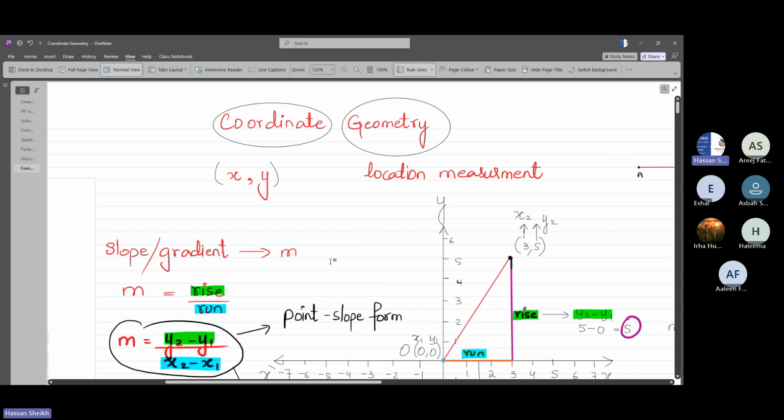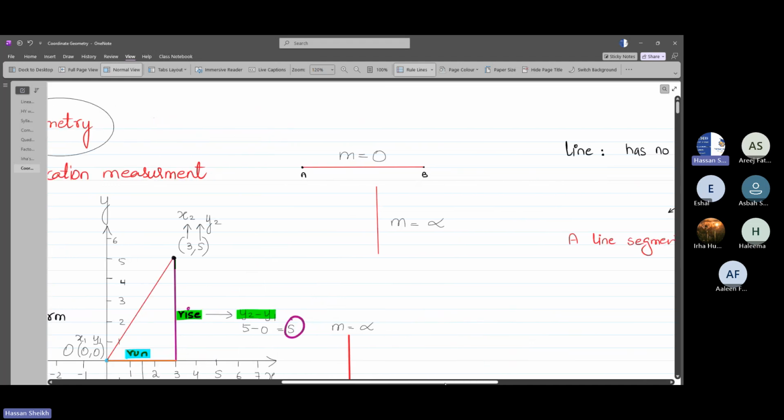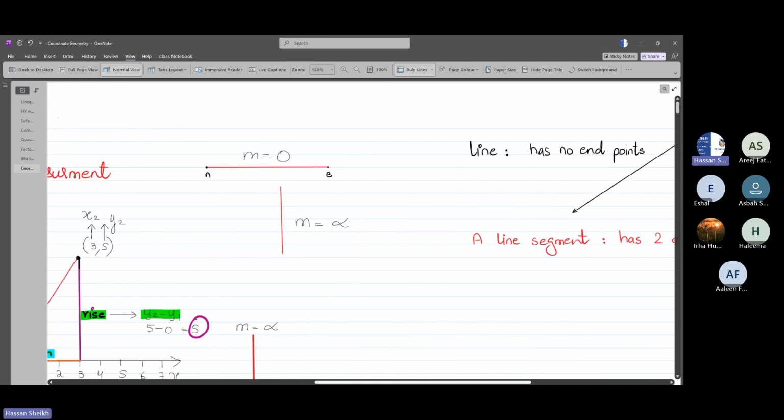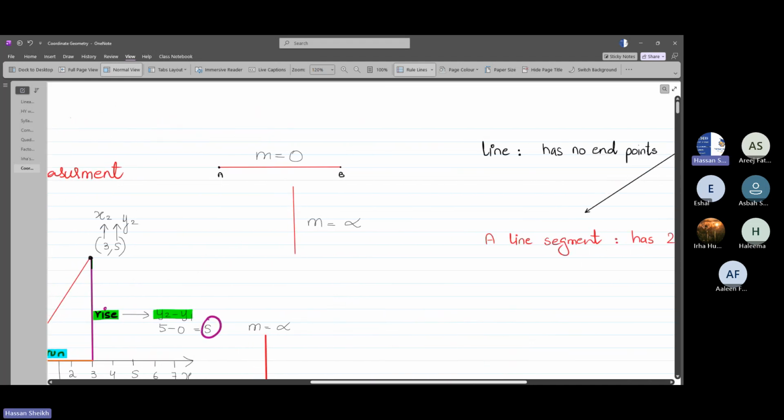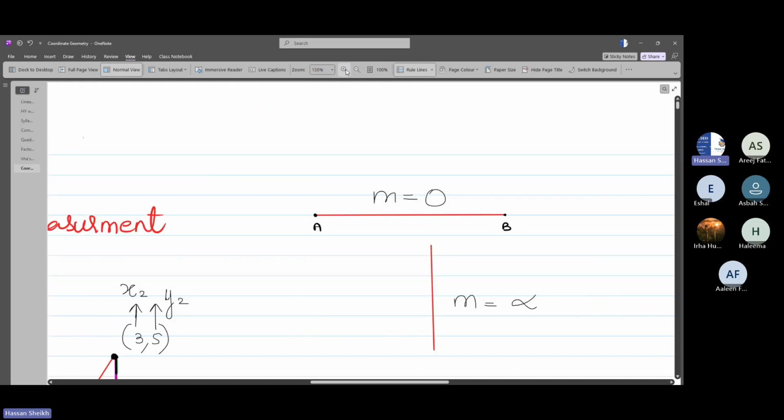We write the x coordinate first, then a comma, then the y coordinate of any specific point on the graph. Now, what is slope? Slope is the steepness of a line, how much one end is higher than the other.